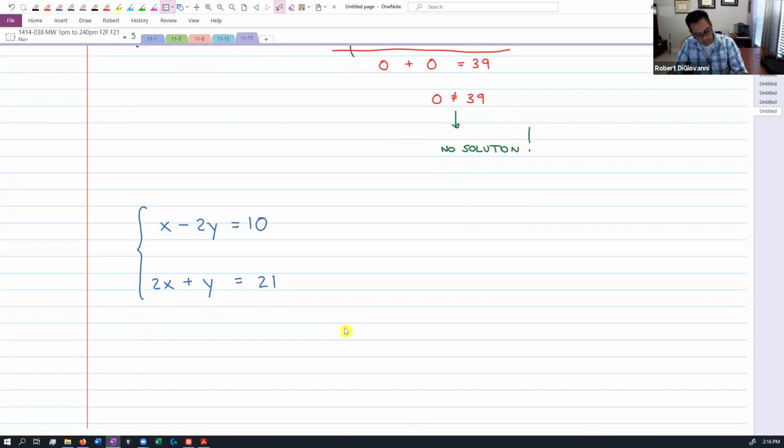You know what? Hold on. Sorry, I messed up. I have to fix this. Negative 2x plus 4y equals negative 20. There we go.